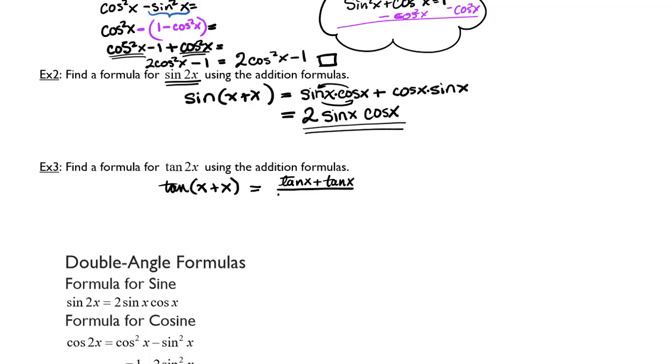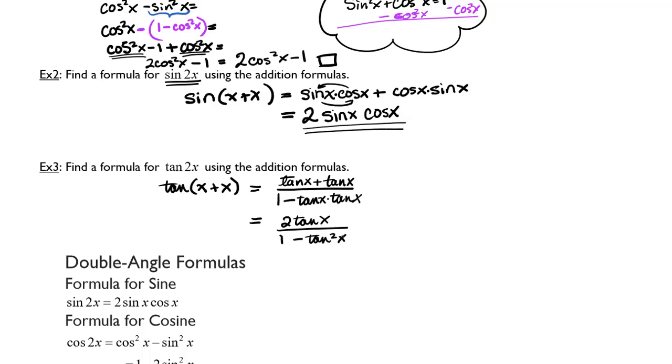And that is divided by 1 minus tangent x times tangent x. If I simplify that just a little bit, I'll have 2 tangent x over 1 minus tangent squared x.